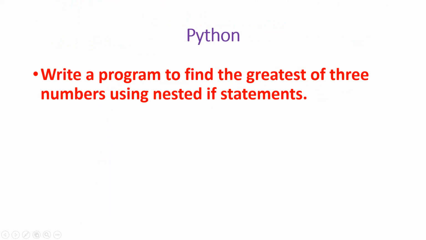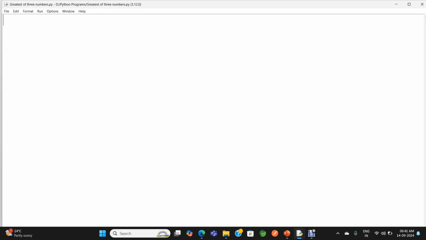We are going to write a Python program to find the greatest of three numbers using nested if statements. We'll see the demo. I'm going to use three variables, a equal to int of input of "enter the first number".